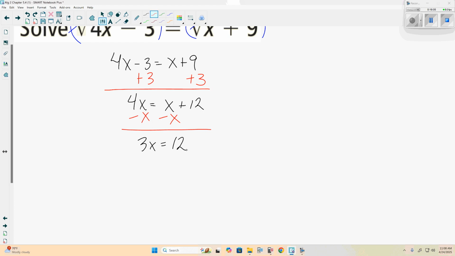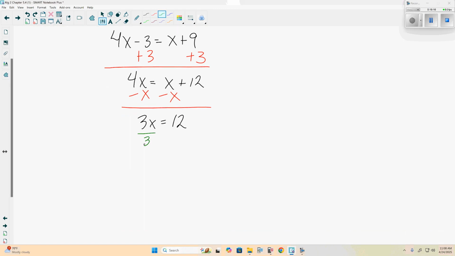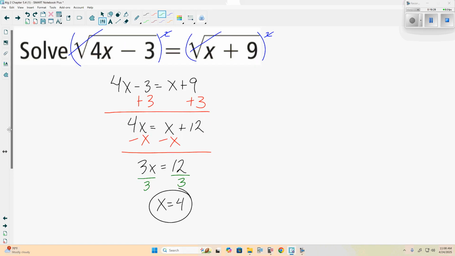Because if we subtracted the 4x, we'd get negative 3x and then have to divide by negative 3. Still get to the same answer. But if I can avoid negatives, it does make things a little bit nicer. Questions on this here?